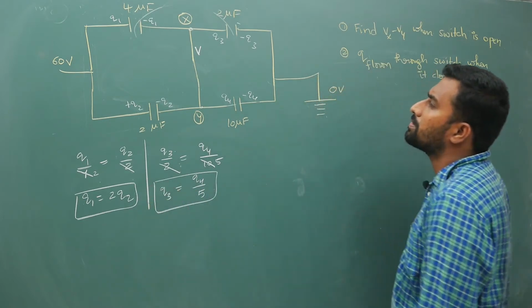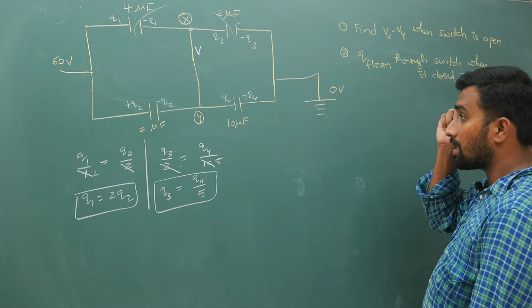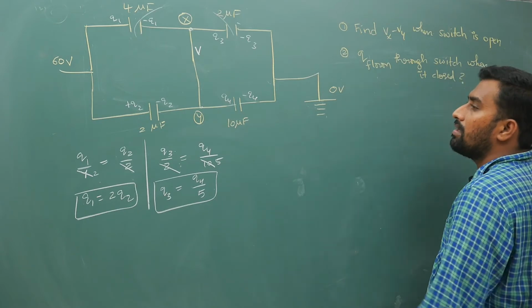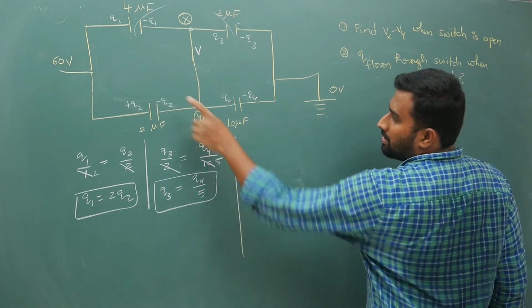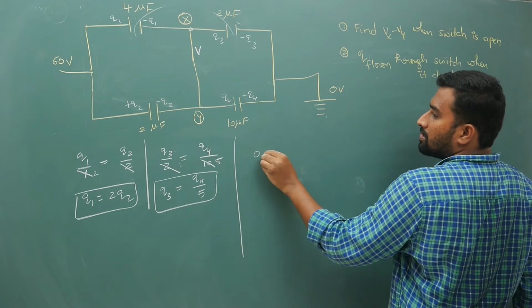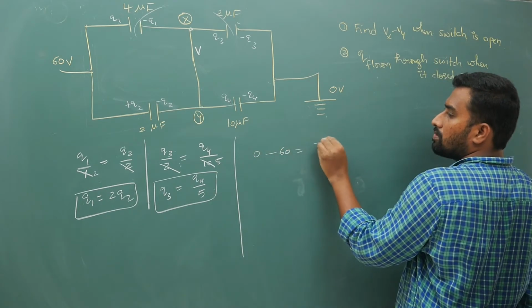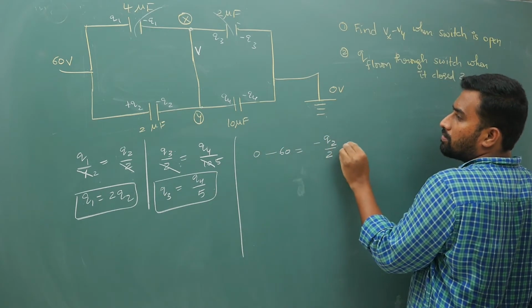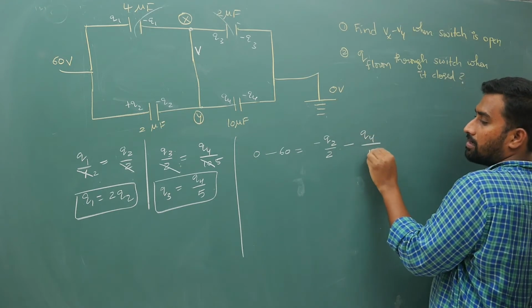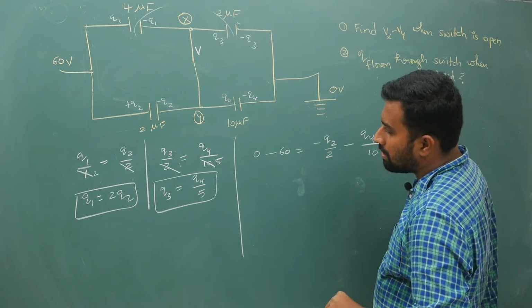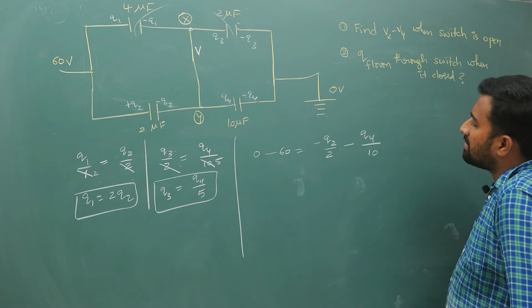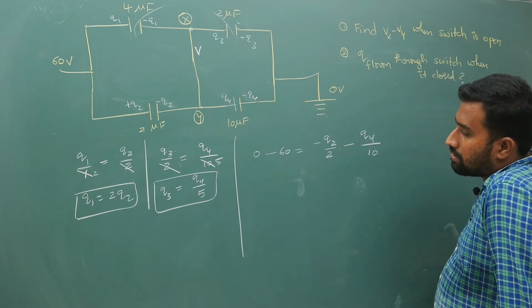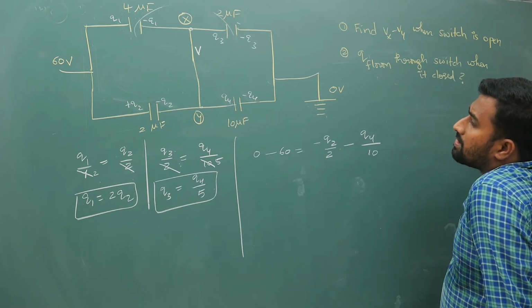So we have expressed in terms of q2 and q4. Now if you travel in the bottom part from 60 to 0, 0 minus 60 is equal to minus q2 by 2 minus q4 by 10. Now we need the relation between q2 and q4, but we don't have a relation between q2 and q4.